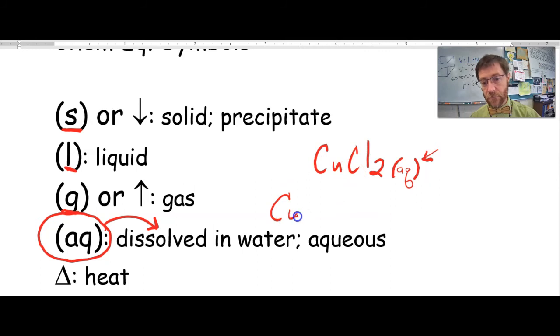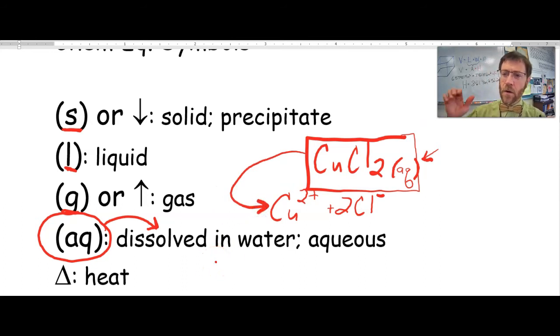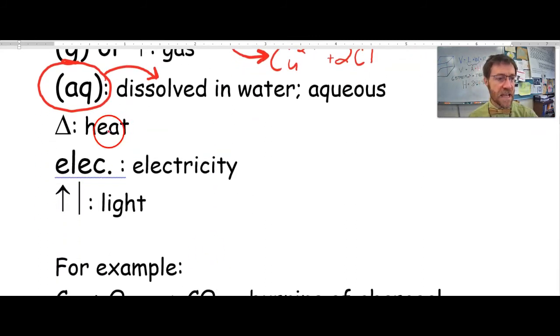What you have is a copper ion plus 2 chloride ions. That's what you actually have in the beaker. Okay? So S is solid, L is liquid, G is gas, AQ is aqueous. Got it? Great.